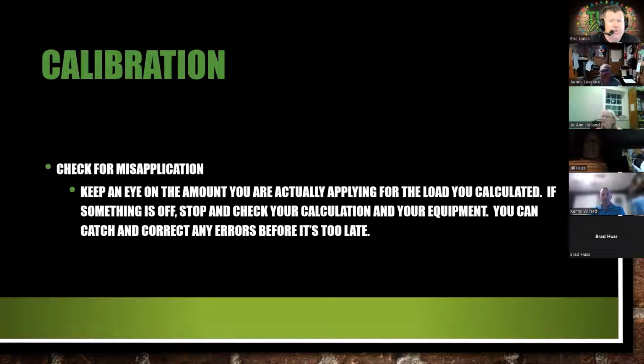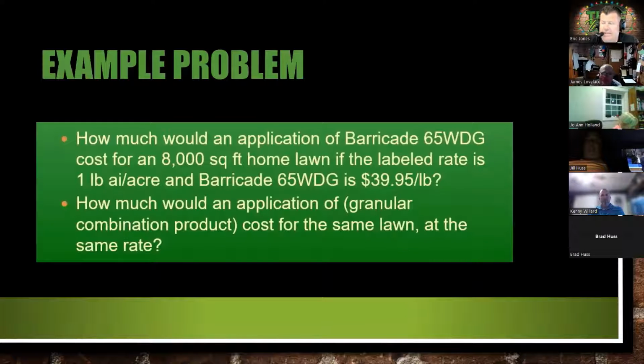And so now we're going to actually look at some Barricade problems. And I know the price of this stuff is going up. When we put this slide together, this is years ago, but the math has not changed. You would just substitute in what your cost is for the product. And so we actually have one here.